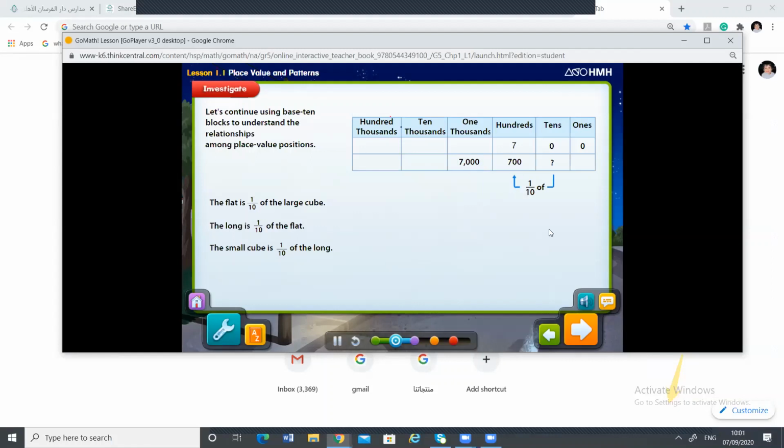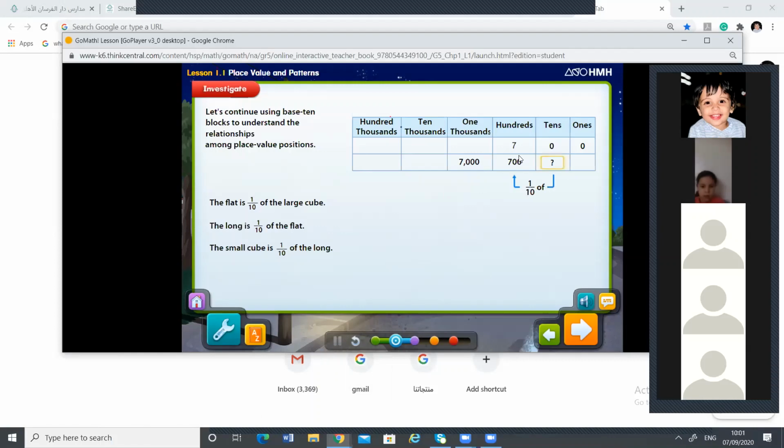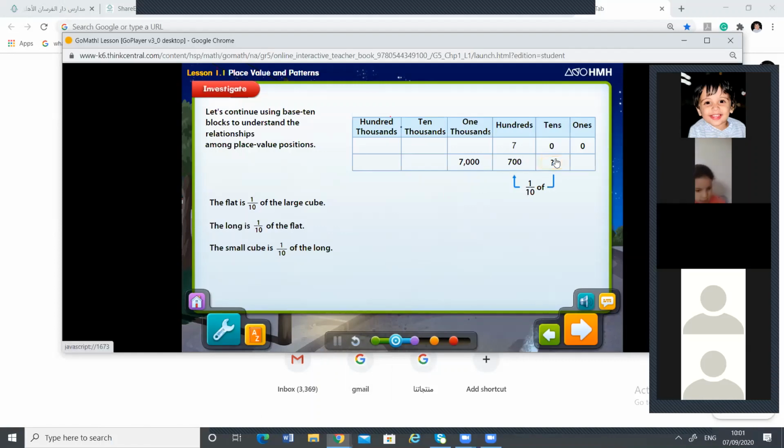And what's 1/10 of 700? See girls, when you go back from 100 to 10, you remove a 0. When you go from 100 to 1,000, you add a 0. From 1,000 to 10,000, one more 0 you add.